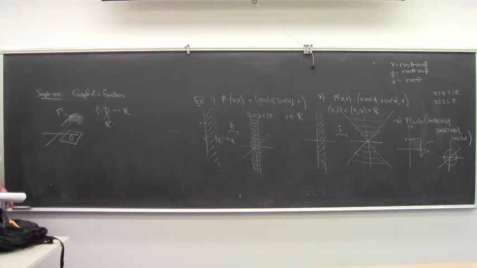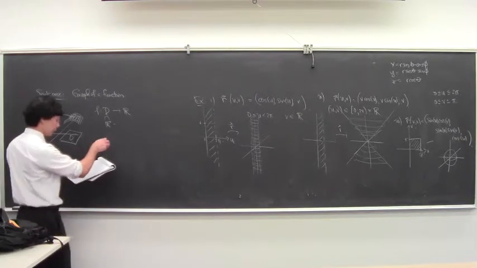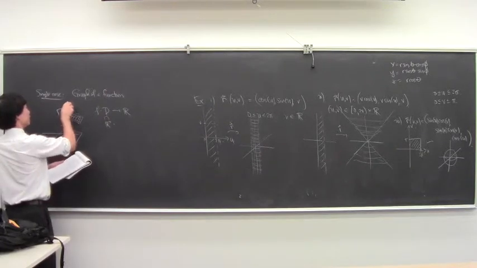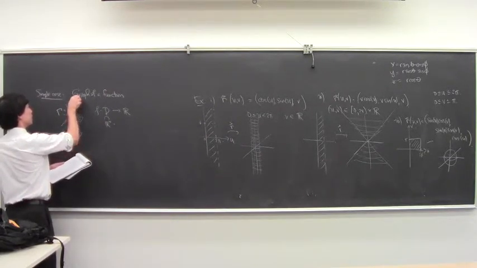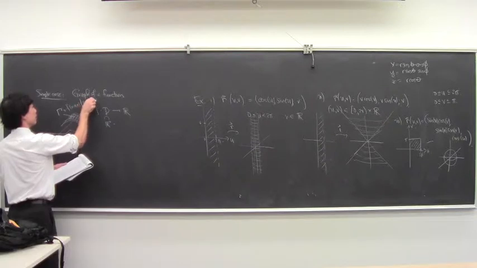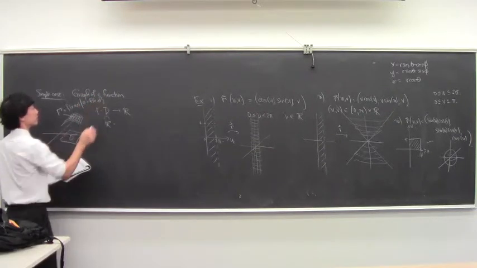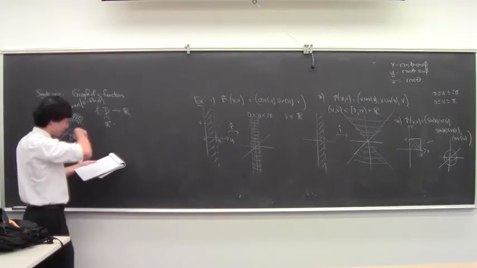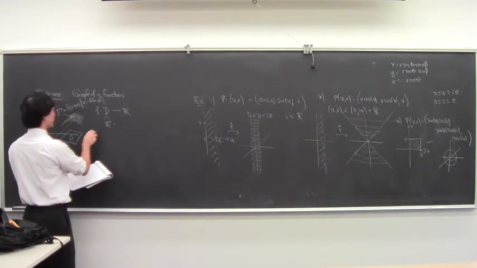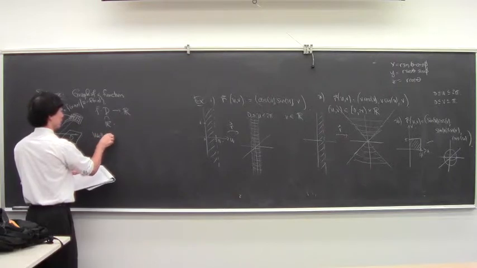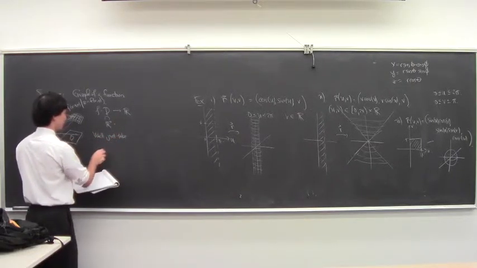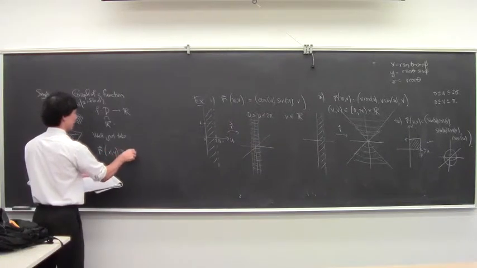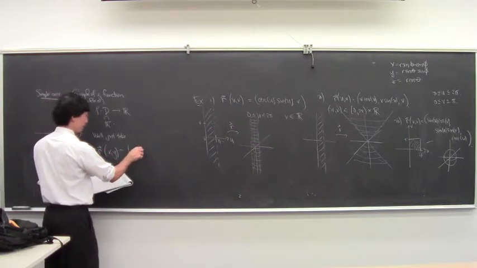So it's easy. The graph is x, y, z, where z equals f of x, y. If somebody wants you to parameterize it, it's actually easy. You say, just take r of x, y to be x, y, f of x, y.